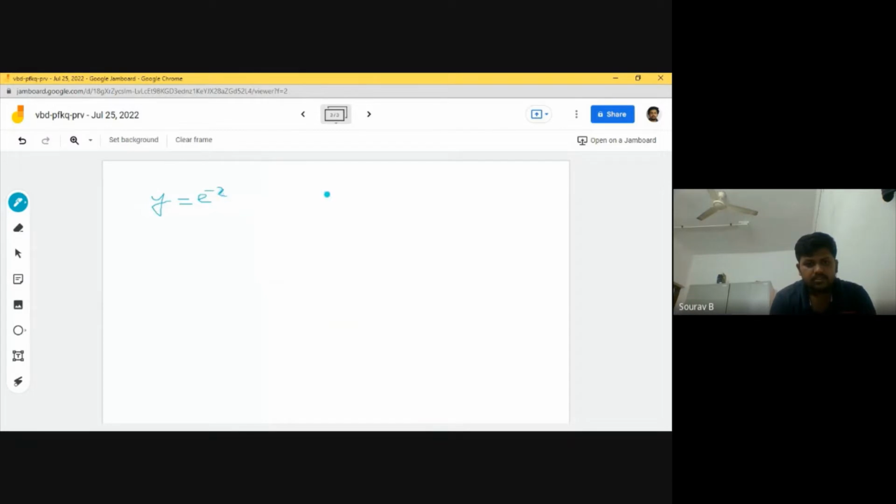This is like you are given y equal to f of x, and you have to find out y equal to f of minus x. In that case, what will you do?